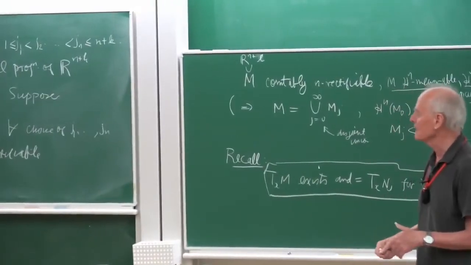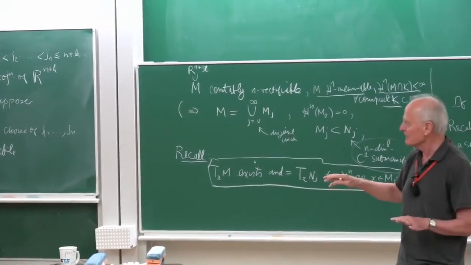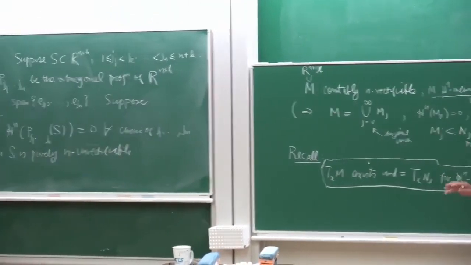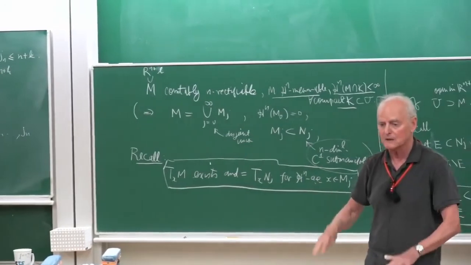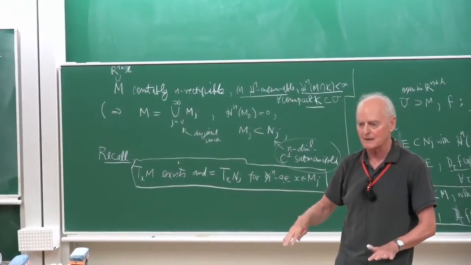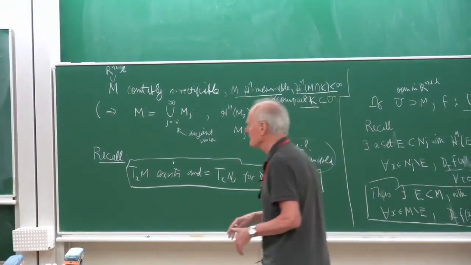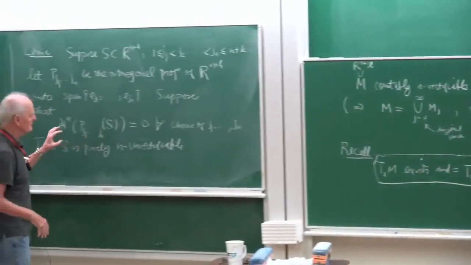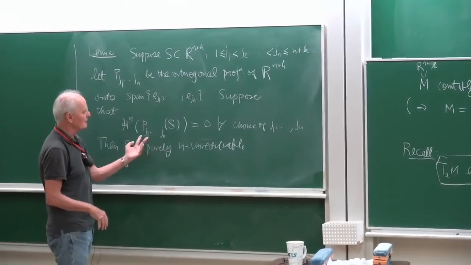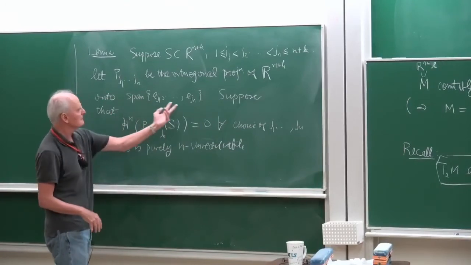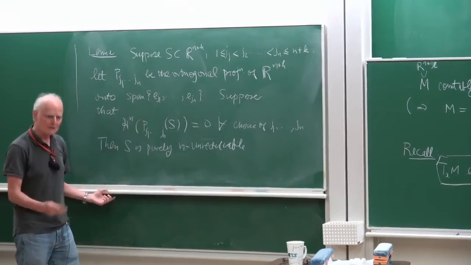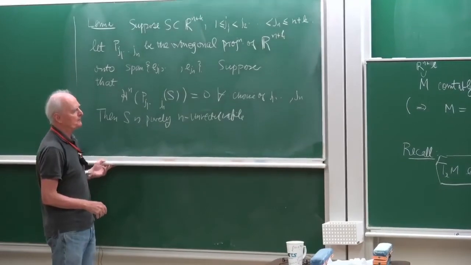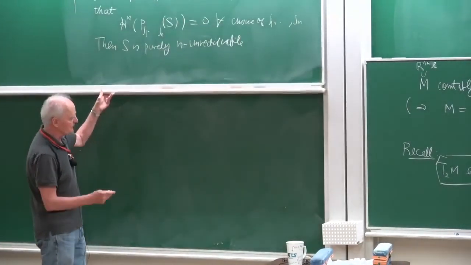I'm not claiming that it may not happen that S is purely unrectifiable and still projects in a non-null set in some directions. It can happen. I'll say a bit more about that in a minute. But if you have a set that projects null in every one of these directions, then indeed it must be purely unrectifiable.